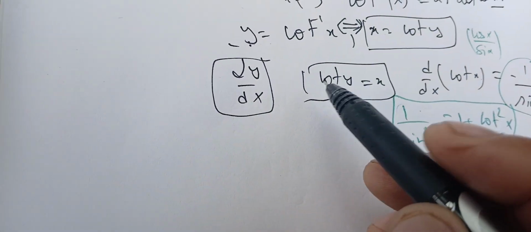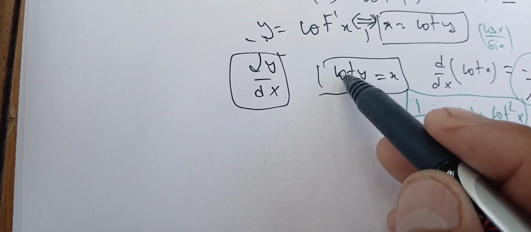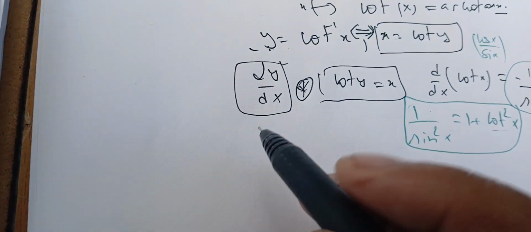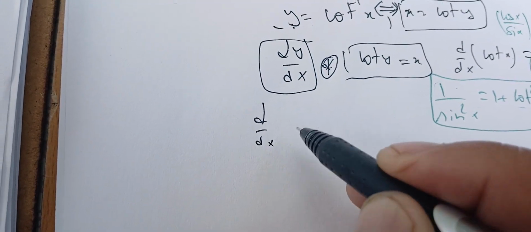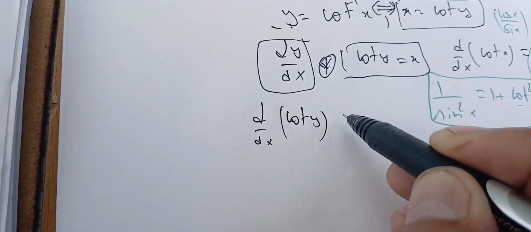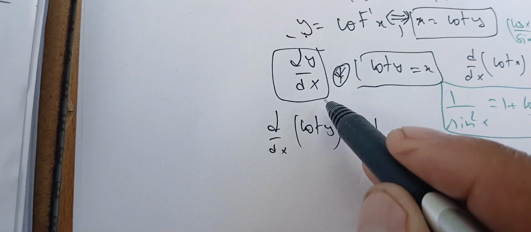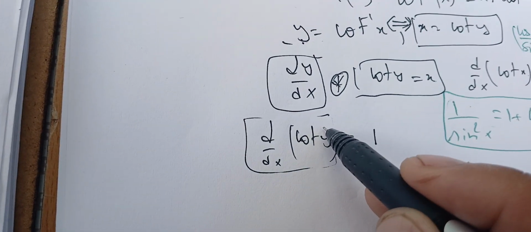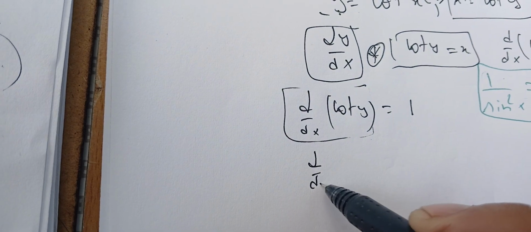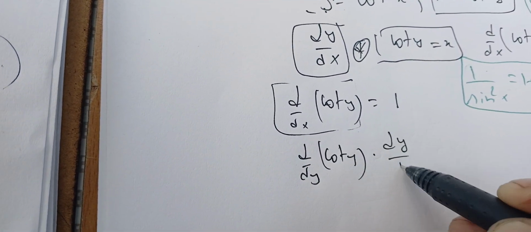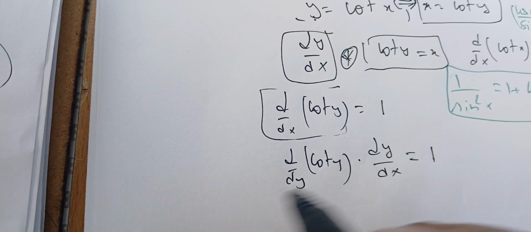So we're gonna do implicit differentiation. So here, let's differentiate star with respect to x. We get d over dx cotangent of y equals d over dx of x, which is just 1. Here, using the chain rule, we're gonna have d over dy cotangent of y times dy over dx equals 1.